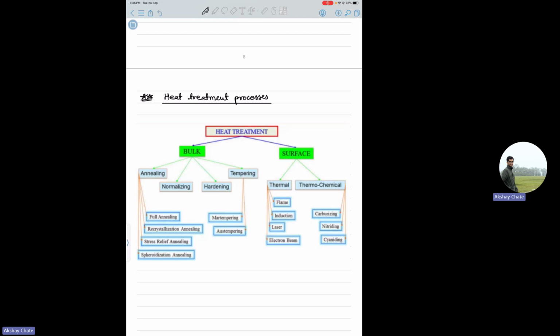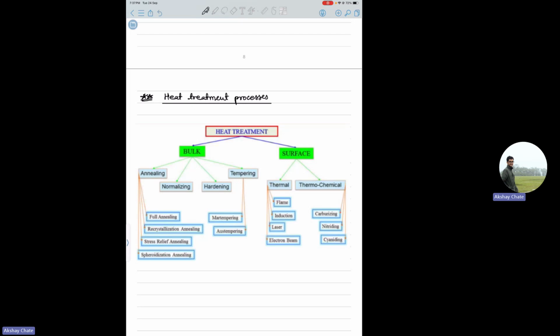In bulk heat treatment processes, you have annealing, normalizing, hardening, tempering. All those things are there. Annealing has next four categories. Then tempering also has martempering, austempering. And there are some surface heat treatments also, because in many applications you need desired properties for certain surfaces.